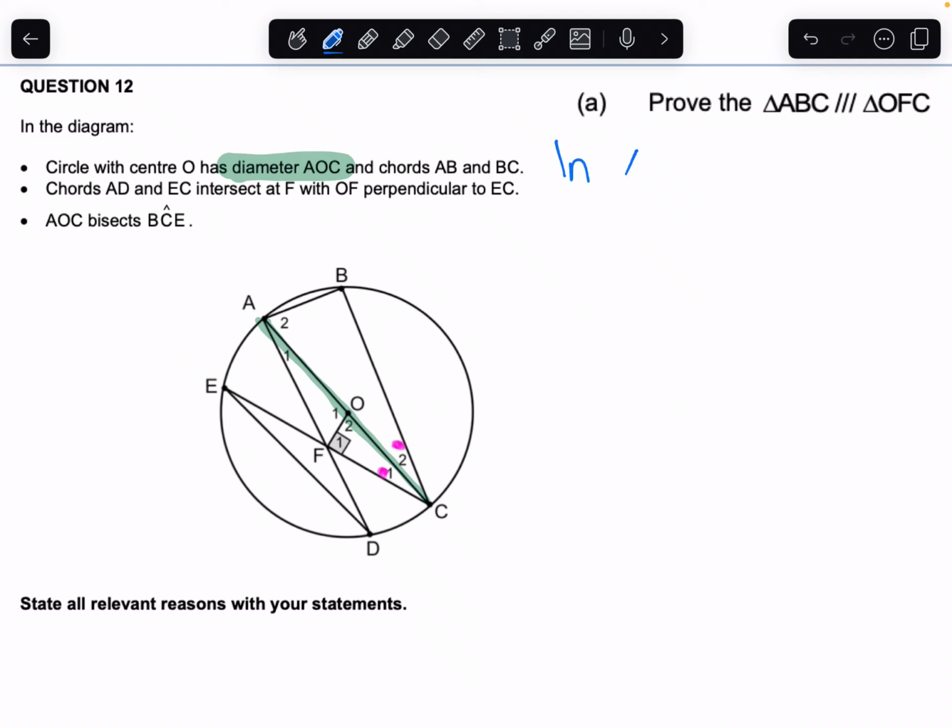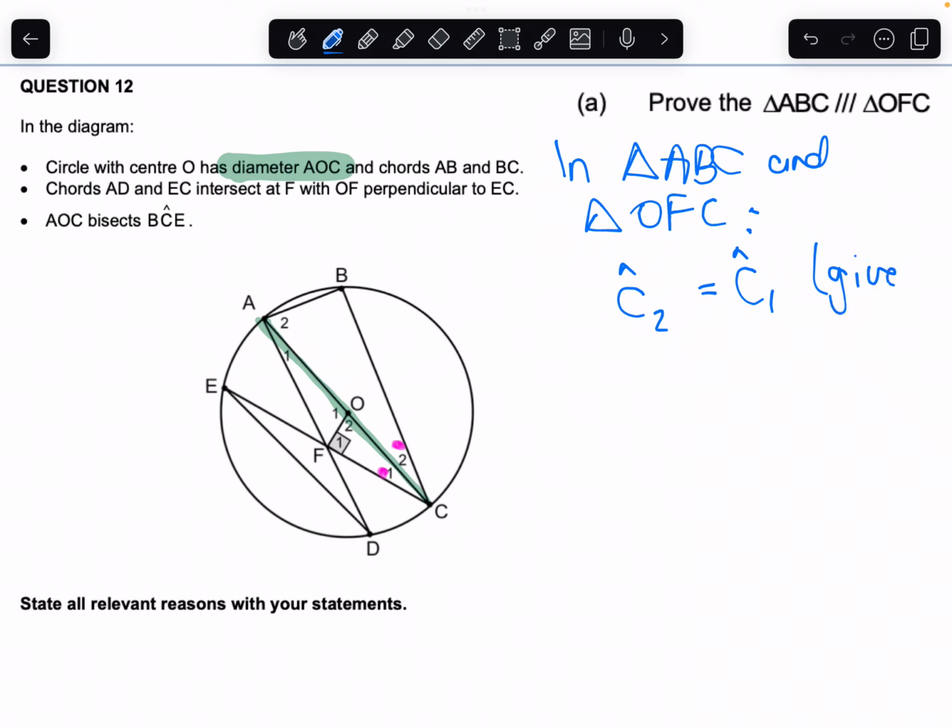So we will say, in triangle ABC and triangle OFC, we know that angle C2 is equal to angle C1. It is given. Right, it's given to us by this little piece of information here. Then we know that angle B is equal to 90 degrees, and that is because angle in semicircle.